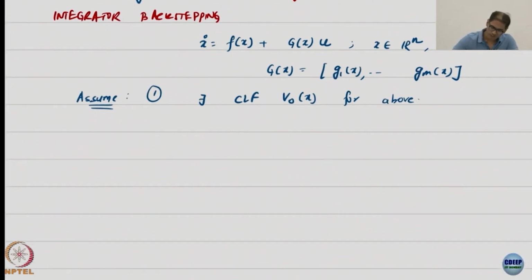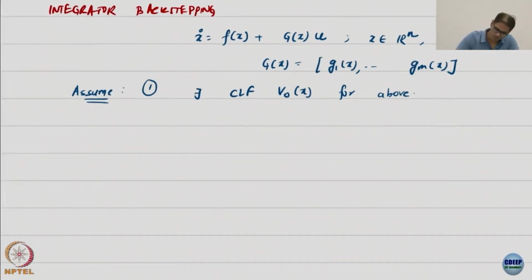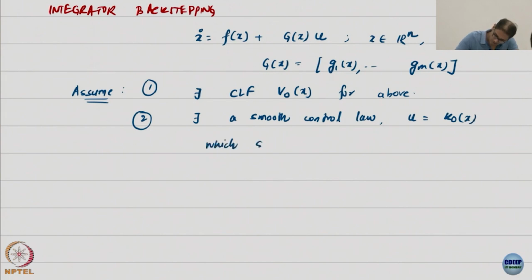We will see how we will have simple solutions there. Two, there exists a smooth control law u equal to k0(x), which stabilizes the above system.